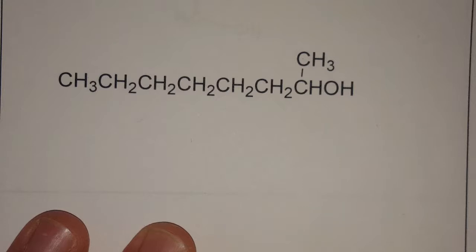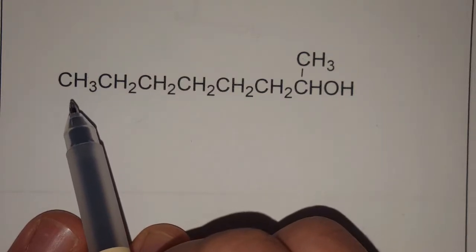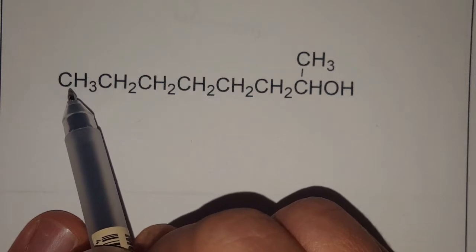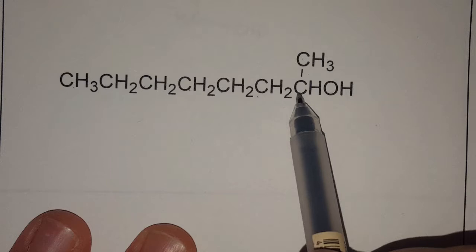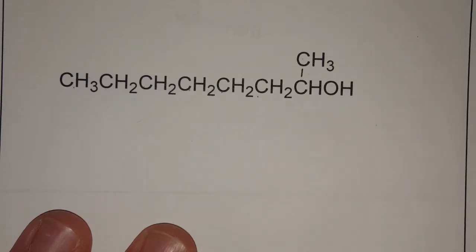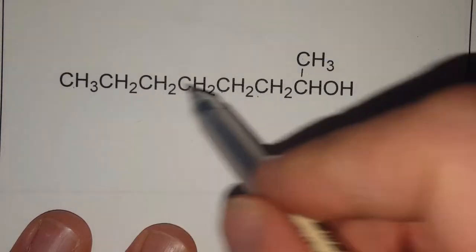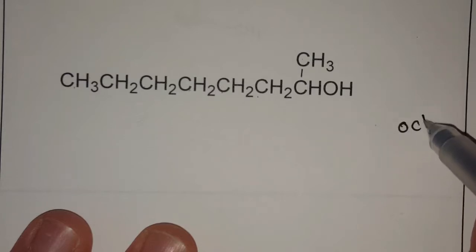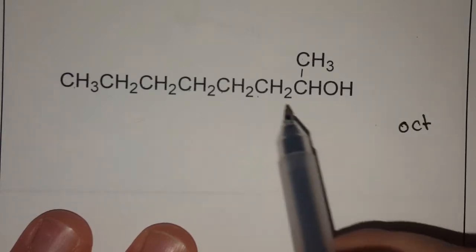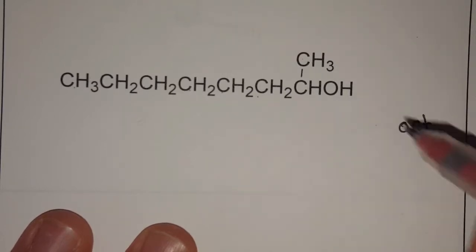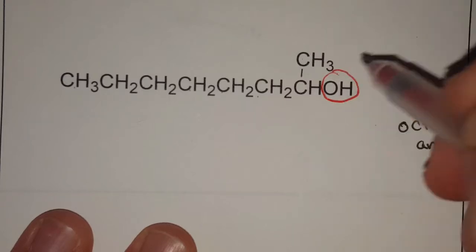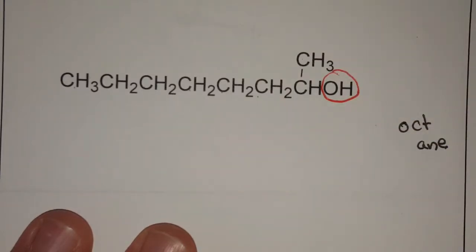So let's take a look at this compound and name it. First we determine our carbon chain: 1, 2, 3, 4, 5, 6, 7, 8. So we know that it's 8 carbons long. We have our longest chain, and it can be bent. So our root is going to be oct, and they're all single bonds, so -ane. But we can see here we have a hydroxyl group.